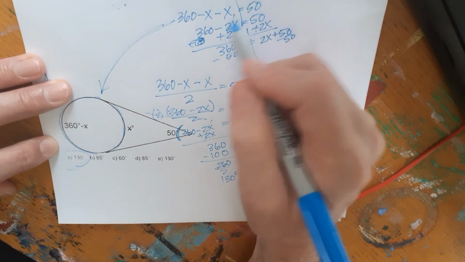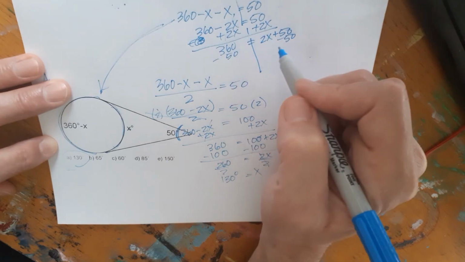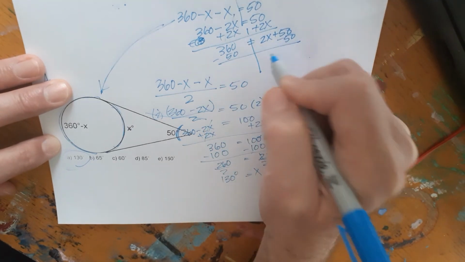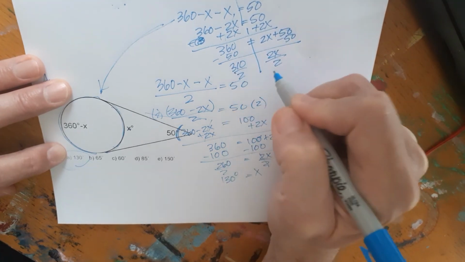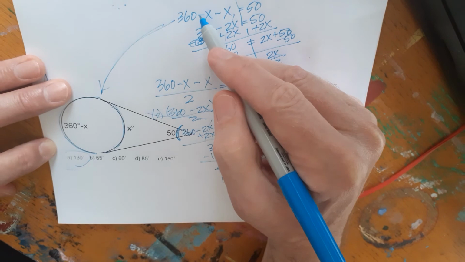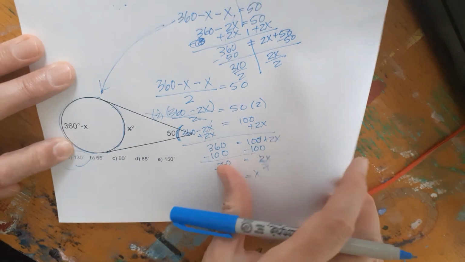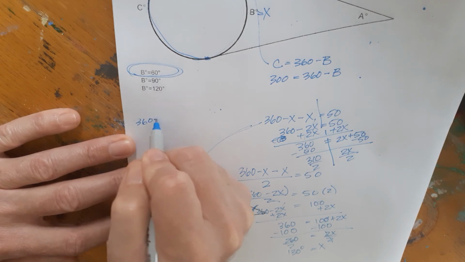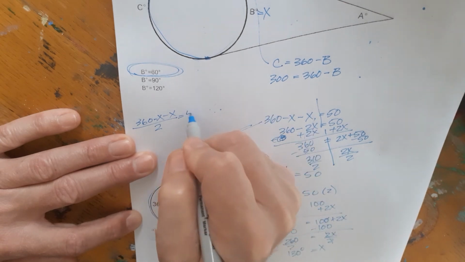Sorry, I'm getting distracted. Oh, you guys, I forgot, I'm sorry. I'm like, what am I doing wrong here? You've got 360 minus x, minus x, we forgot, divided by 2. There we go. Now I'm happier.